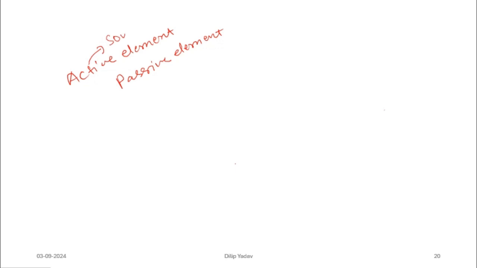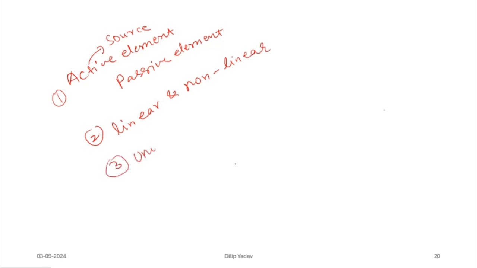Then we have linear and non-linear. The third one is unilateral and bilateral. The fourth one is lumped and distributed.